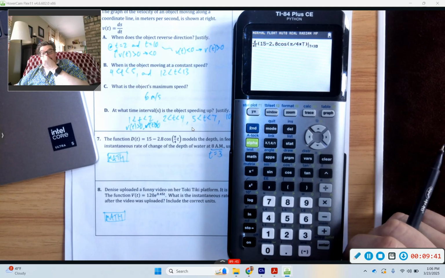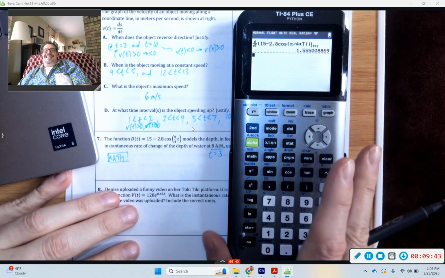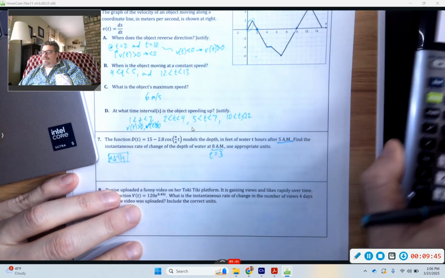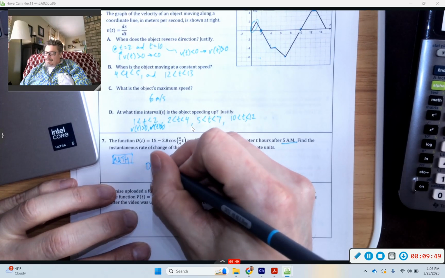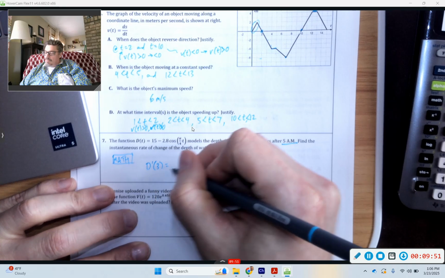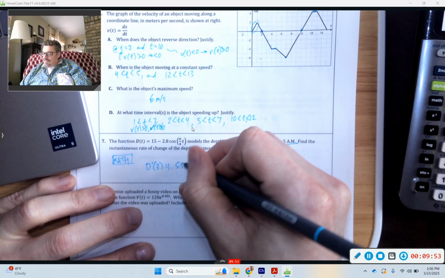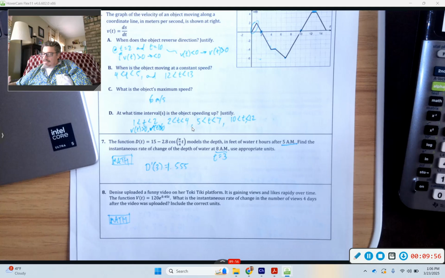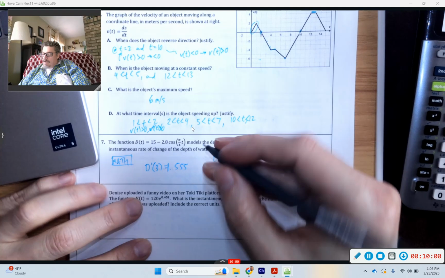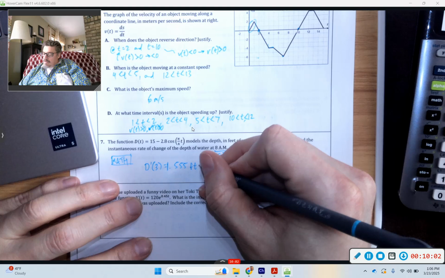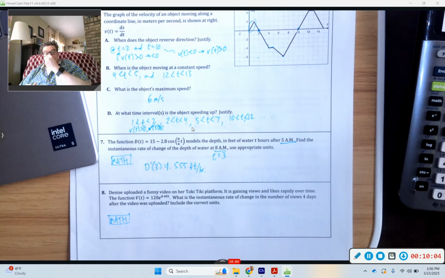Okay. Now it's taken the derivative and it does it instantly. So it's 1.555. Okay. So what we're saying is d prime of 3 equals 1.555 what? Well, it looks like it's in feet per hour. Remember that if we take the derivative, we're going to get a rate.